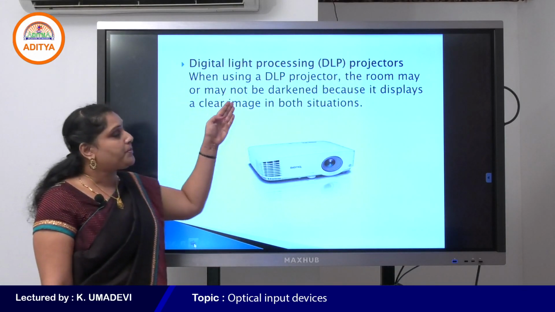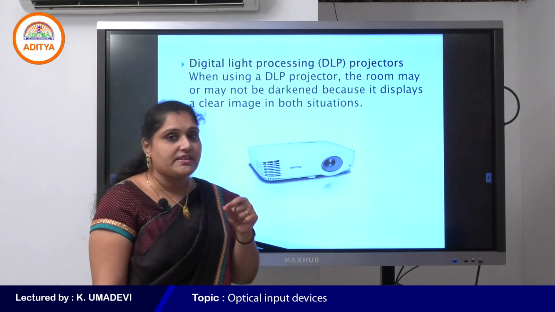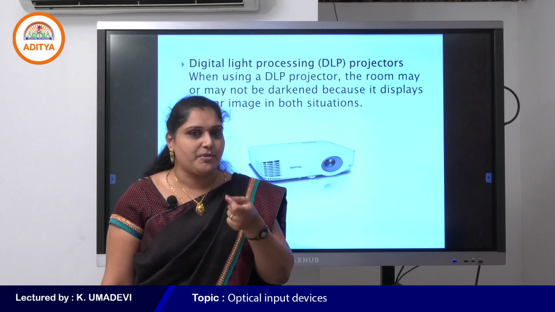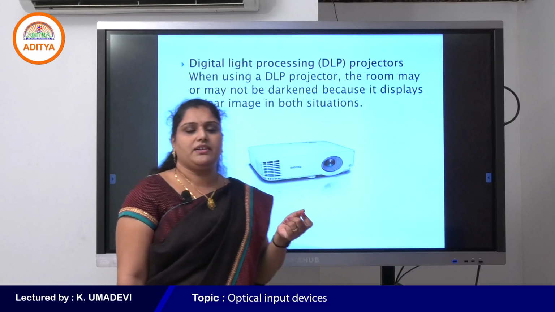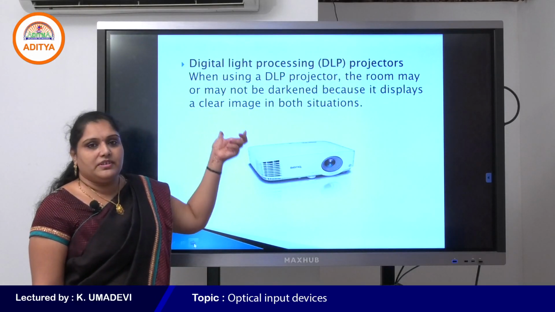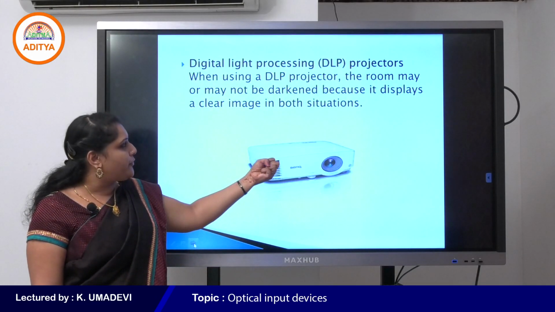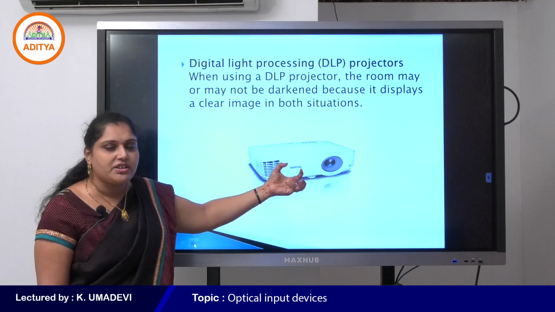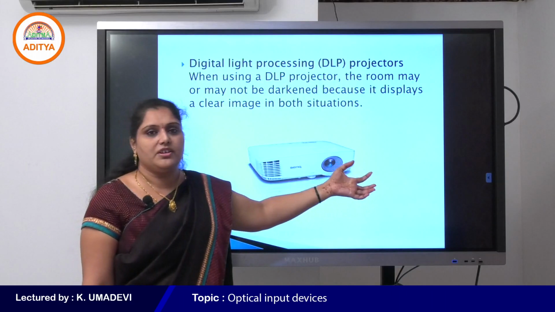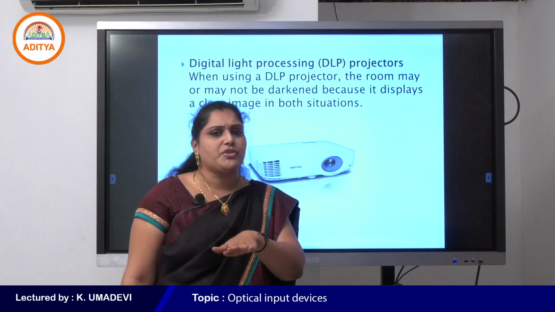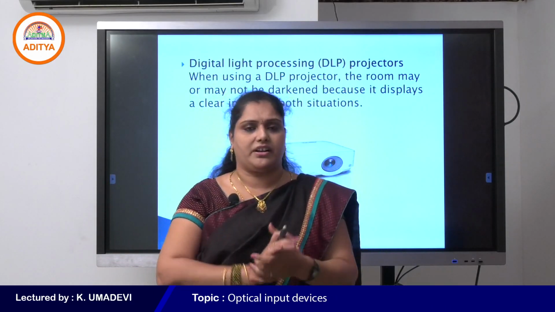Digital light processing projectors, DLP projectors, are better than LCD projectors. Why? Because the room may or may not be darkened, because these projectors produce clear images in both situations. While using an LCD projector, the room must be darkened.